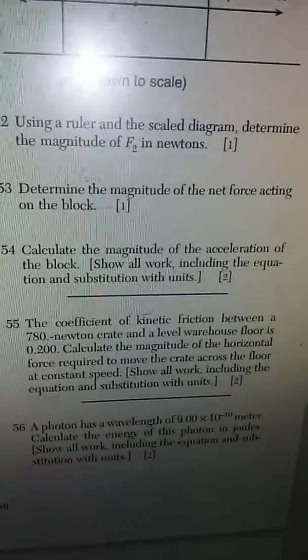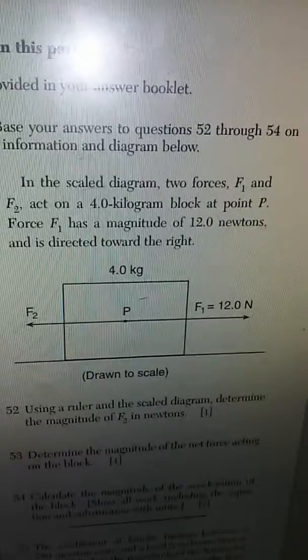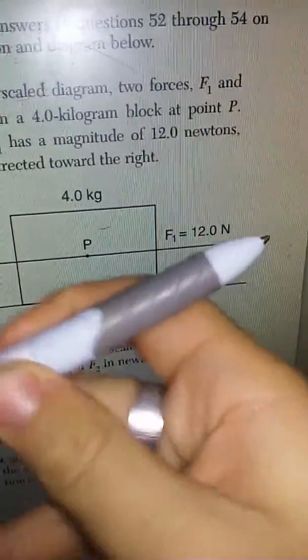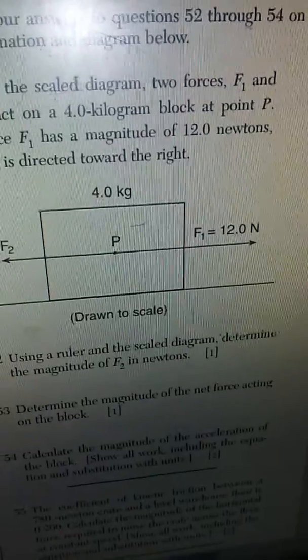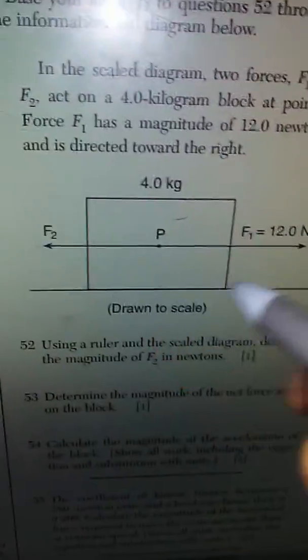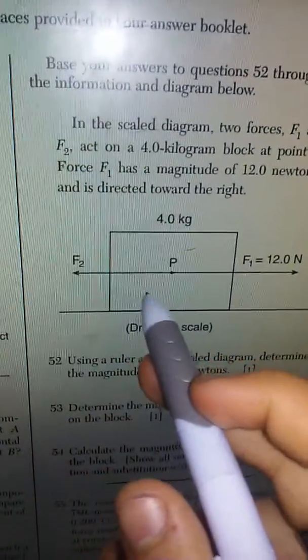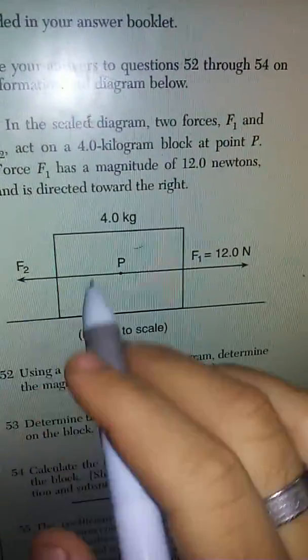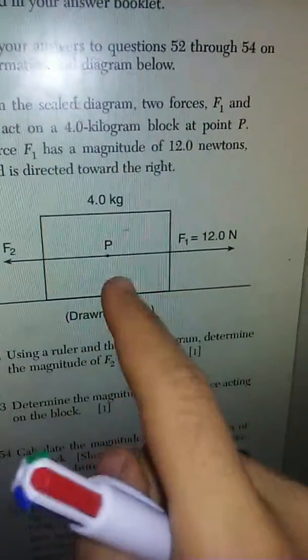Determine the magnitude of the net force acting on the block. So if we have a force of 8.8 newtons going that way and 12 newtons going that way, all we have to do is subtract the two forces, and then we'll get the force that is actually affecting the block, because some of this force cancels out with this force, so the remainder is what's actually affecting the block.